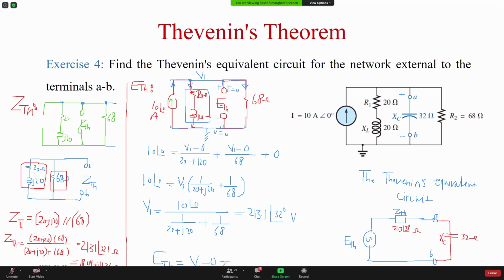So basically equals V1, which is 213.1 and angle 32. Just write it here, 213.1 angle 32 volt. And this is the answer for this. This is the equivalent circuit for the circuit in the question.